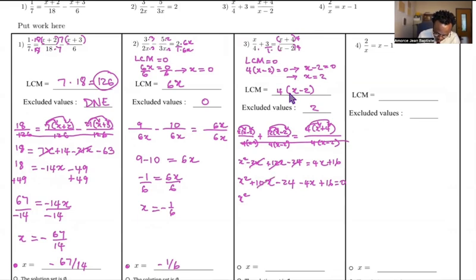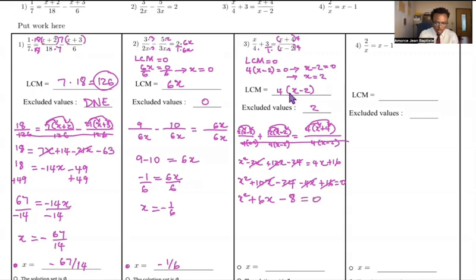So 10x minus 4x, that is plus 6x. Negative 24 plus 16, that is minus 8 equals 0.